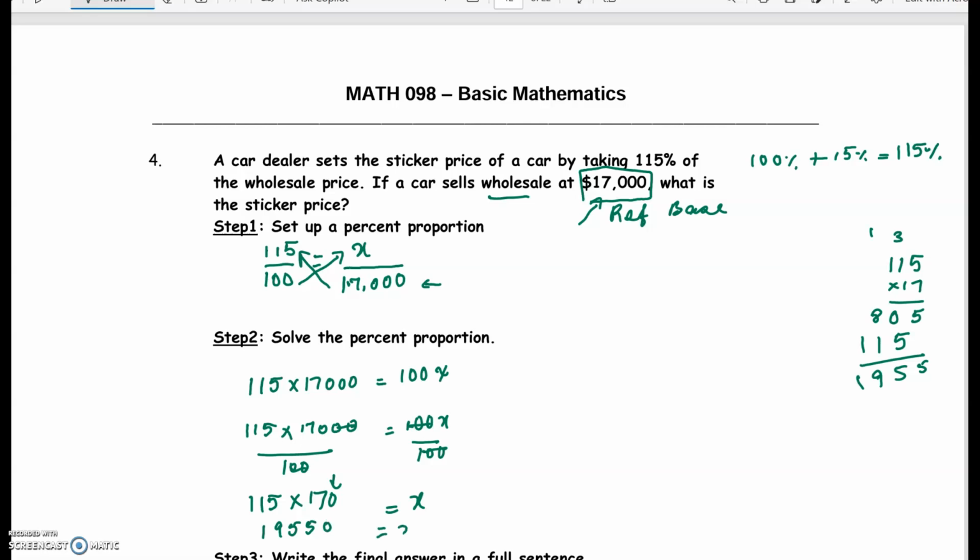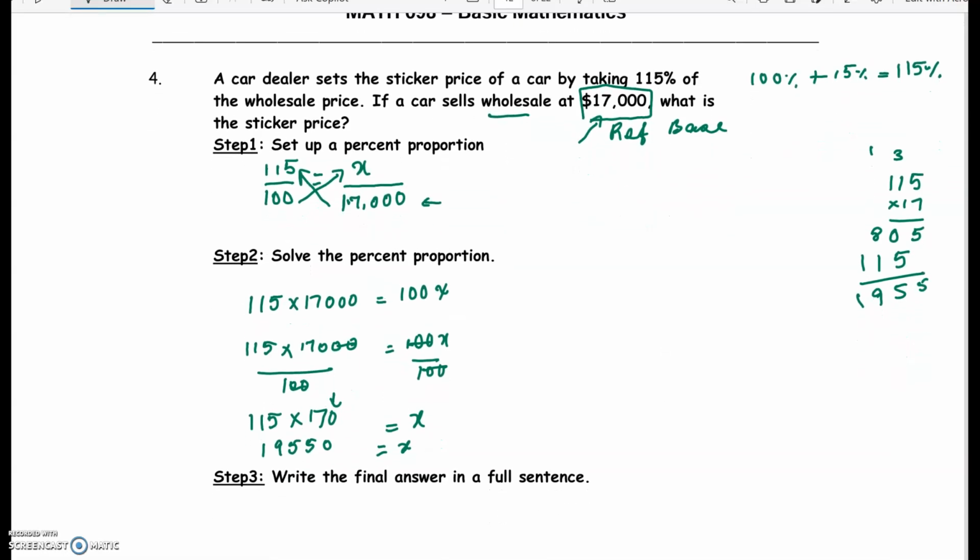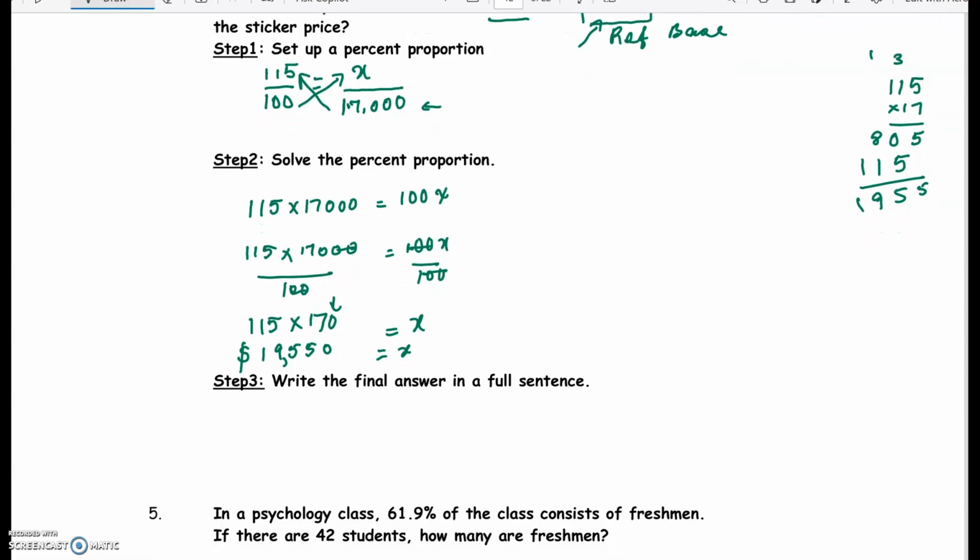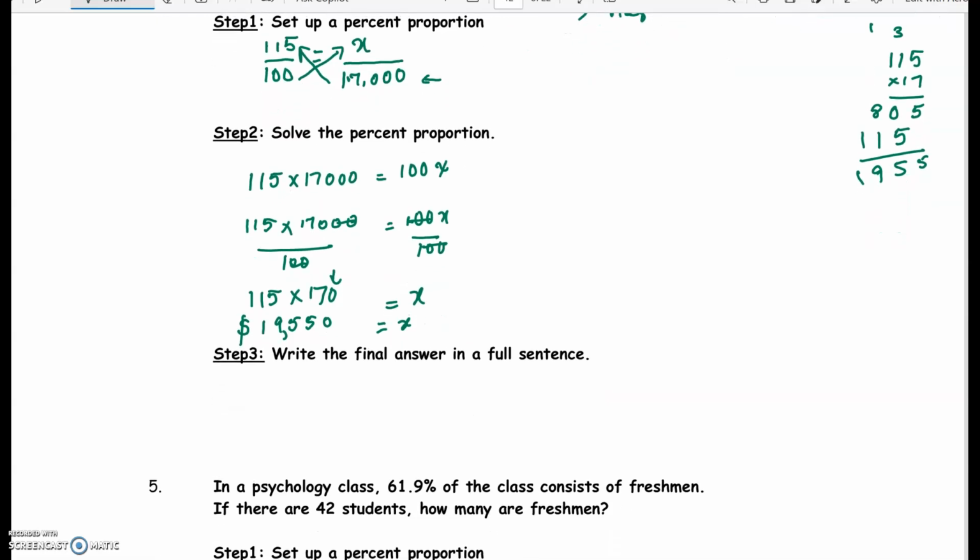So if you're marking up the car by 15%, does it make sense that the car is sold at a slightly higher price, that is the marked price or the sticker price of 19,550? So write the final answer in a full sentence.